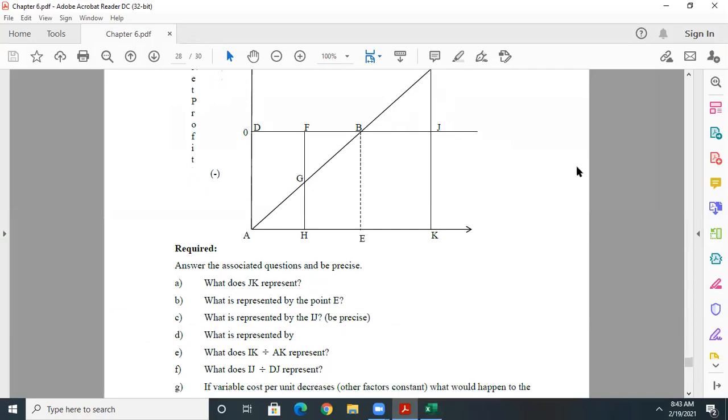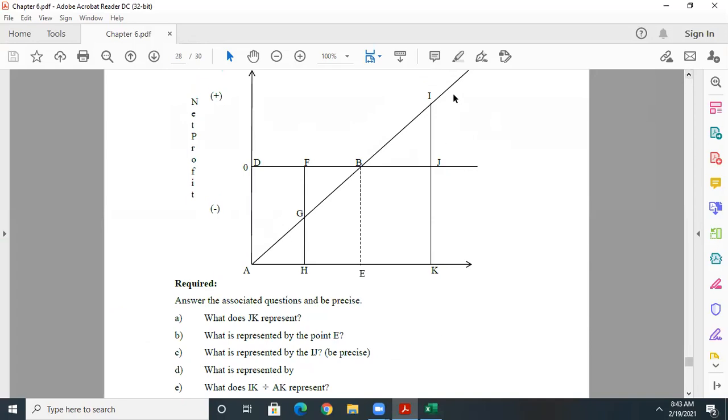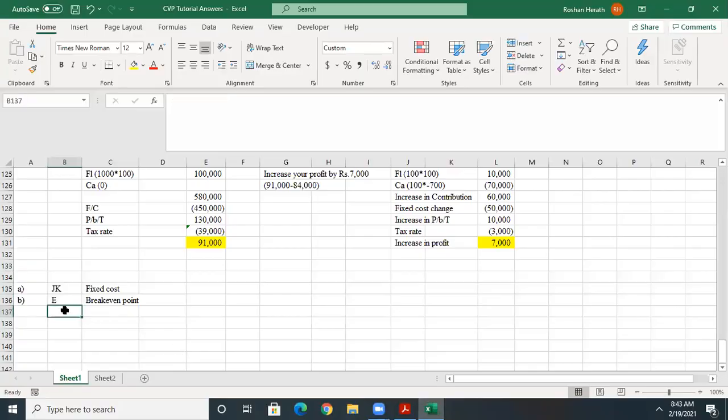So what is represented by IJ? Yes, it is profit, but it asks you to be precise. That is exactly the profit at the sales of J. The sales unit or sales revenue of J, that is the profit. That is the answer for IJ. You have tried that very correctly.